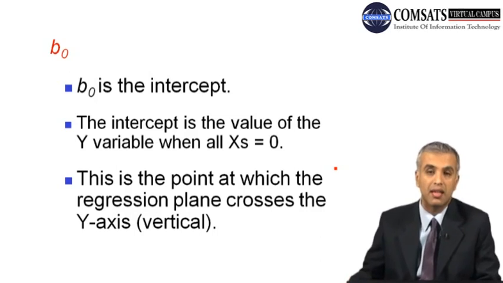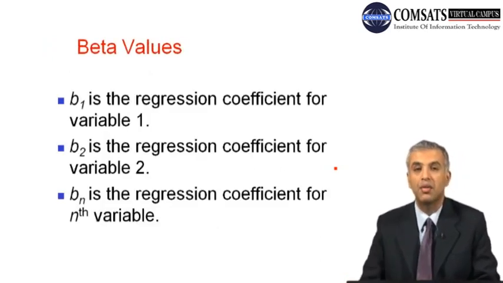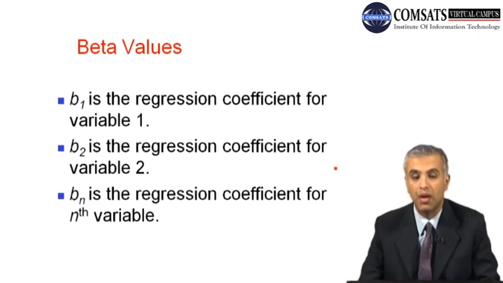Coming to this part, we have our beta values, and beta 1 is the regression coefficient for variable 1, as is evident in the simple linear regression equation also.